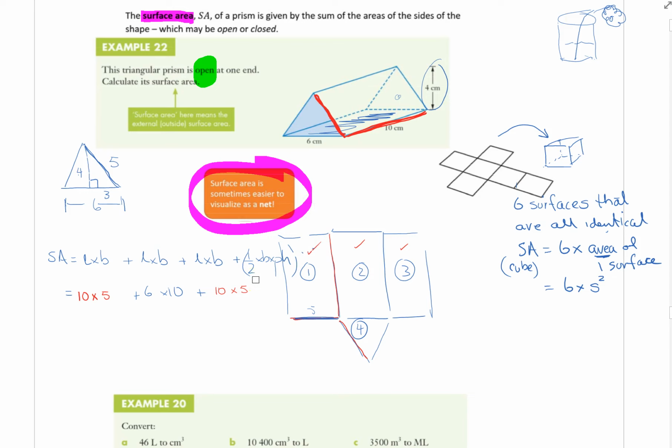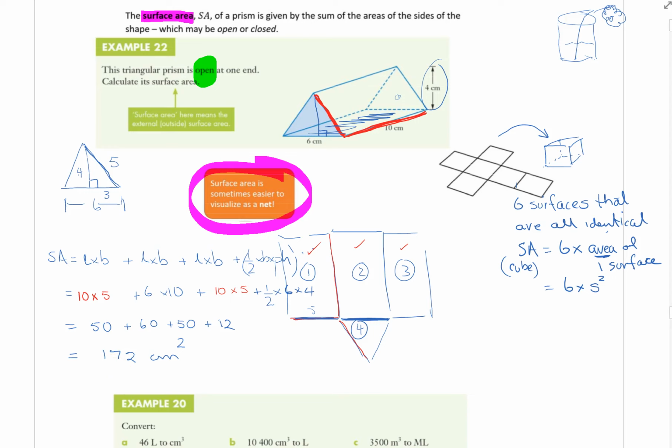So now we're moving on to the area of our one and only triangle, half of, what's its base? We can see in the triangle that it is 6. And its perpendicular height is this height here, which is 4. And adding those together, we get 172.